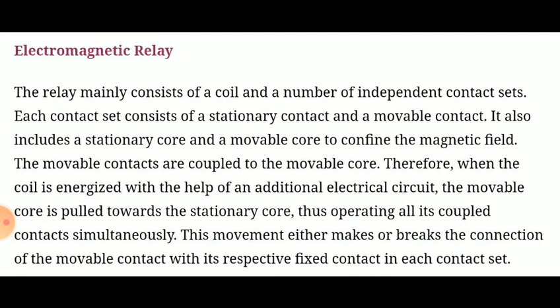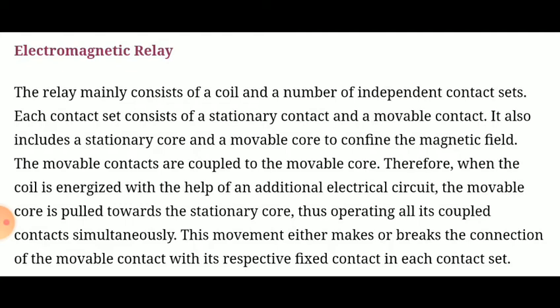Then the electromagnetic relay. The relay mainly consists of a coil and a number of independent contact sets. Each contact set consists of a stationary contact and a movable contact. It also includes a stationary core and movable core to confine the magnetic field. The movable contacts are coupled to a movable core.